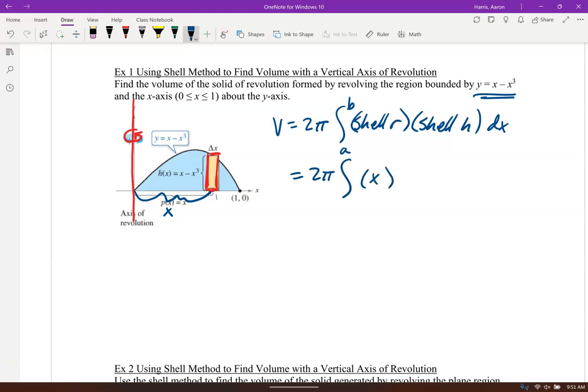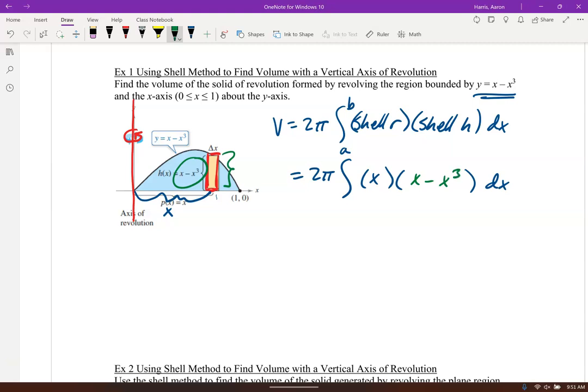That's my shell radius. And now the shell height, here's our shell height. That's whatever that y value is. Depending on how far out in x I went, it's how high the y is. So in this case, it's just x minus x cubed, the equation. It's the y value.